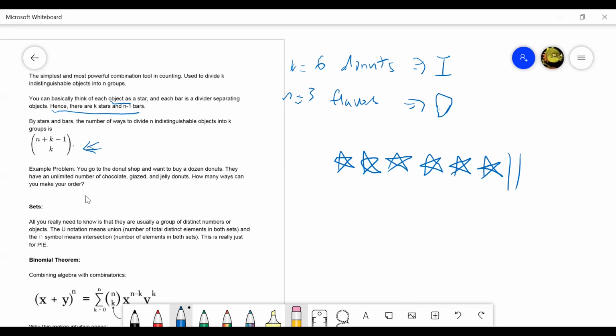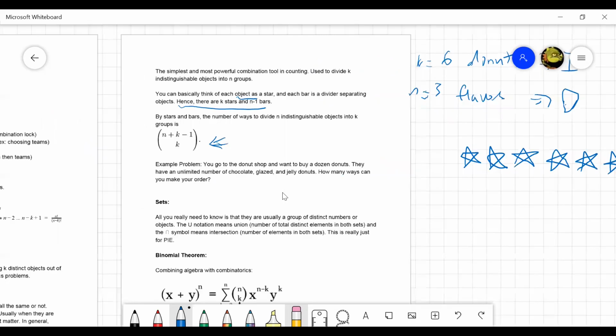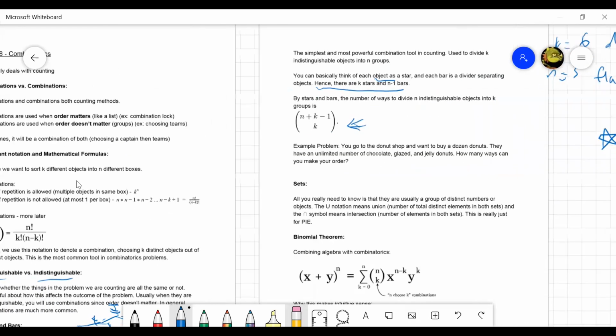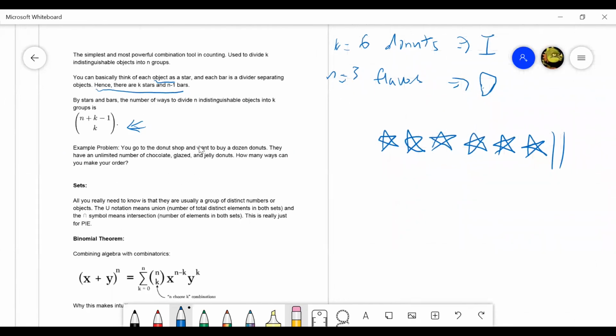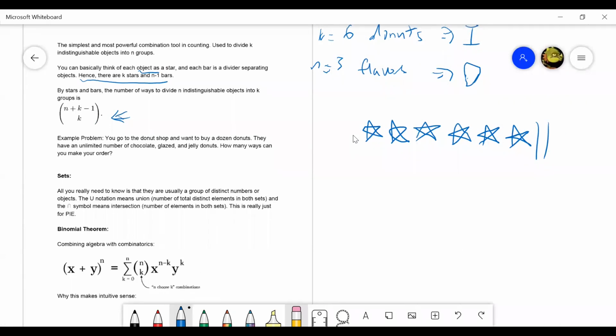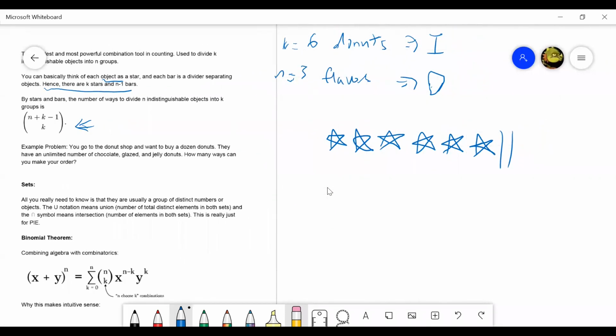I'm sure you can write this algebraically using the formula for combinations, but that's not how you show this is true. It's about thinking about what this means. Let's apply n plus k minus 1 to this example. 6 plus 3 minus 1 is 8, right? So let's say we have 8 places in a line, and each of these dashes is a place in line.